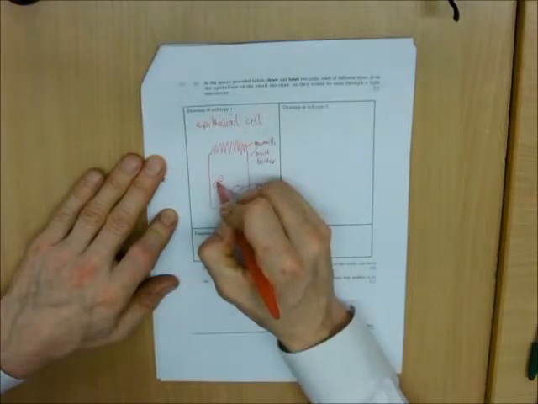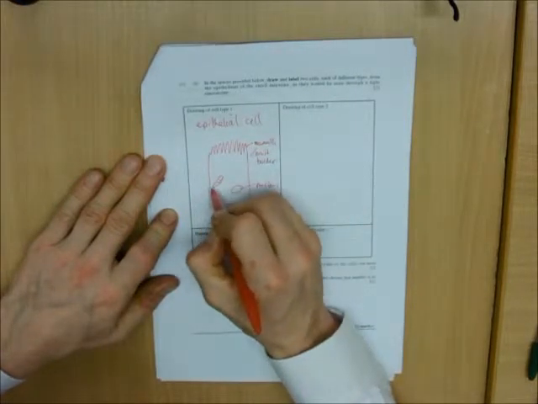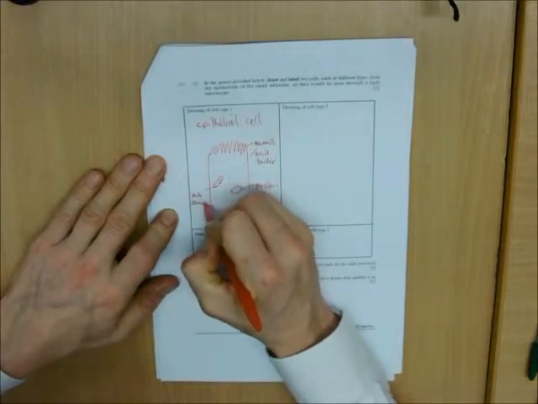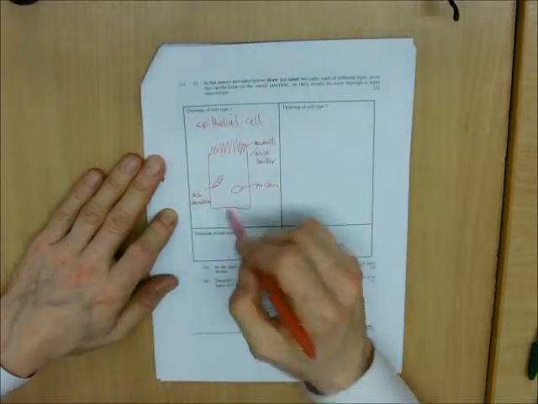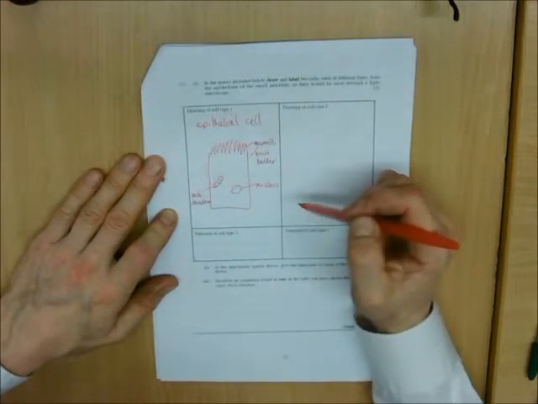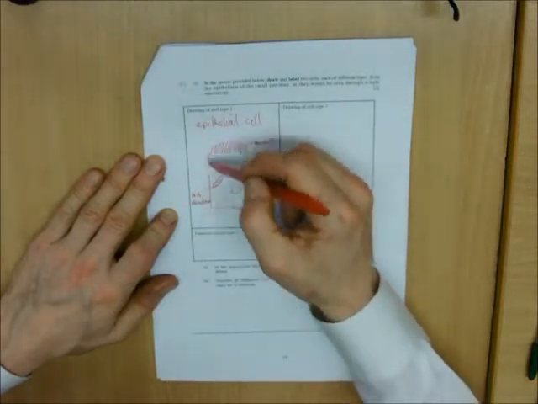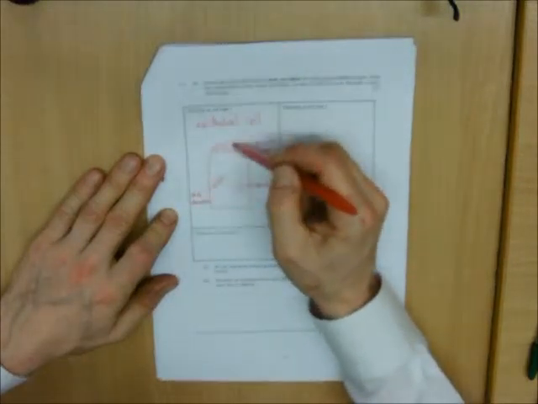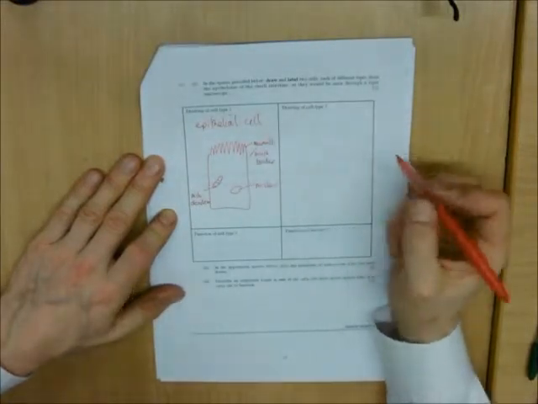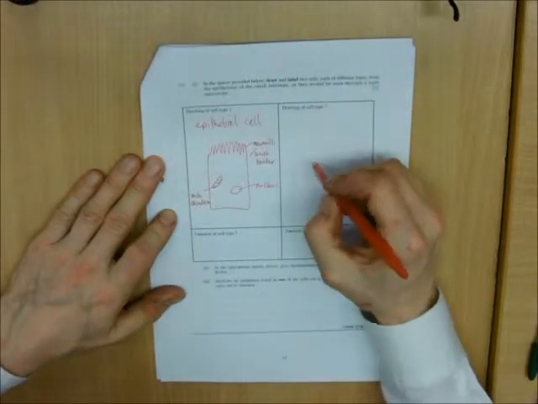You could put mitochondria. That's the sort of thing that we are expecting there. The marks are one for the diagram showing this brush border, and we'll do the function down here as well.